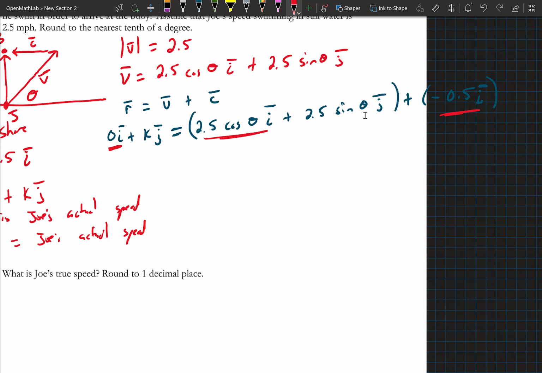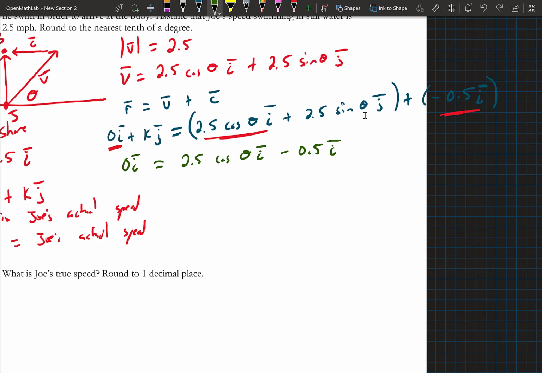So 0 times I equals 2.5 cosine theta times I minus 0.5 times vector I. Again, this is just the fact that the horizontal components must be equal. So what we're trying to do is solve for theta. That's all we're trying to do for this part.